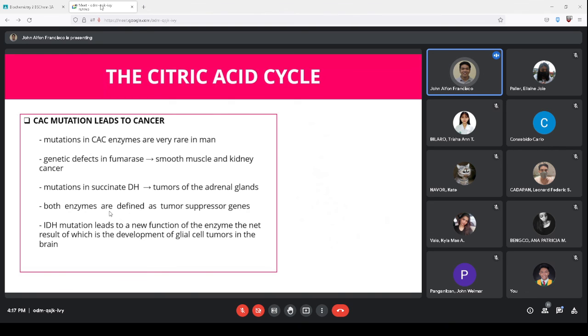For example, a mutation within the citric acid cycle can lead to cancer.